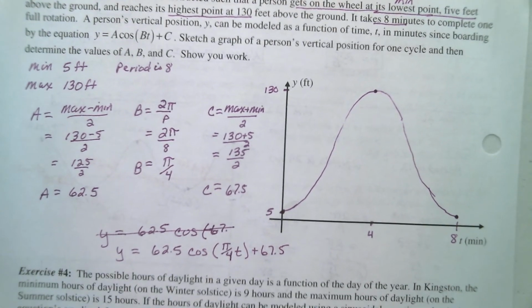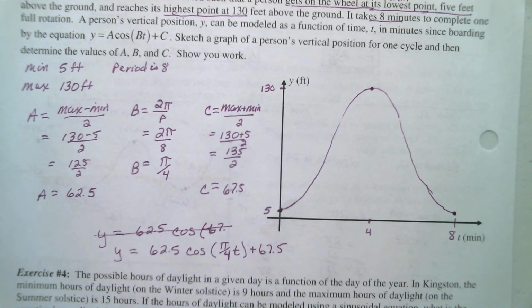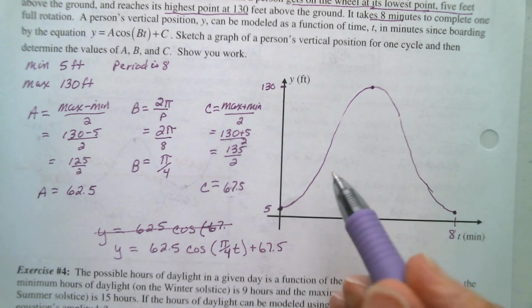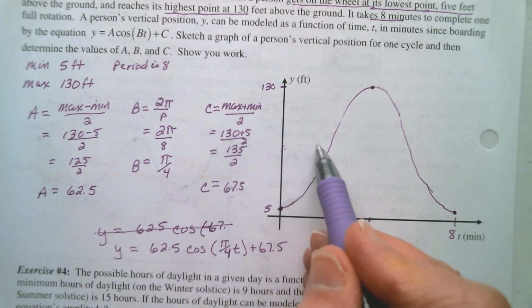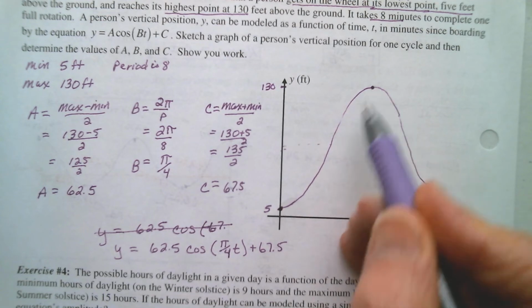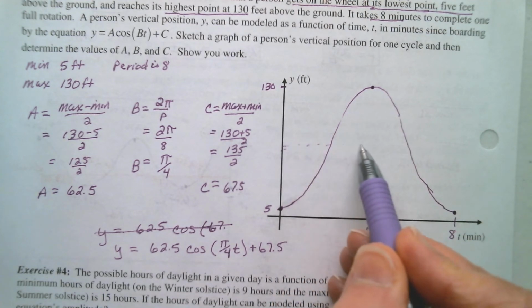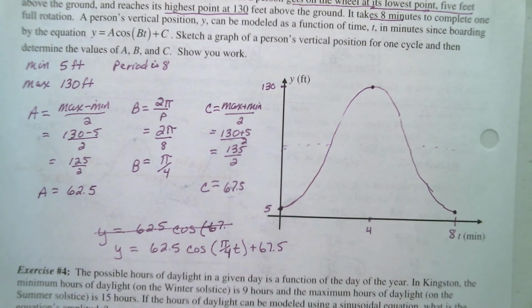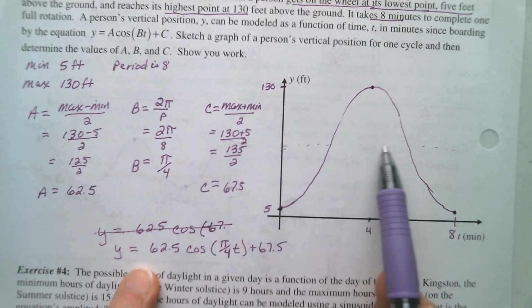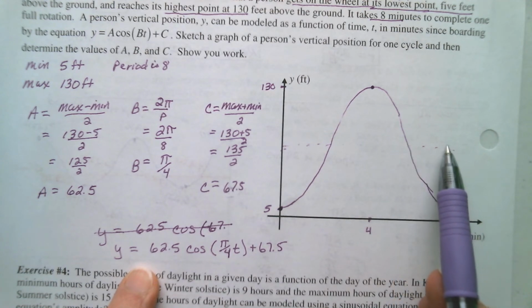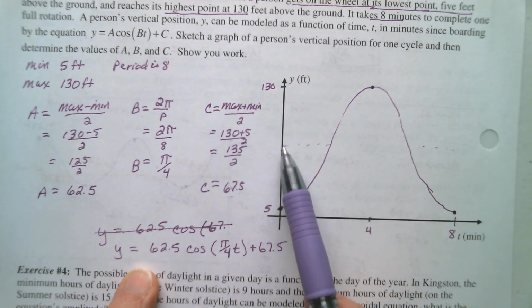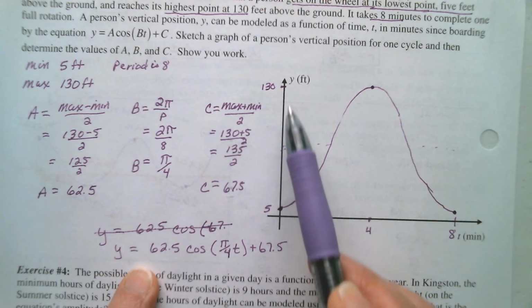Now there's something missing in my equation, right? The midline is 67.5, which is halfway between these two. If I keep the equation as it is, in relation to the midline, our starting point, it's not above the midline, is it?